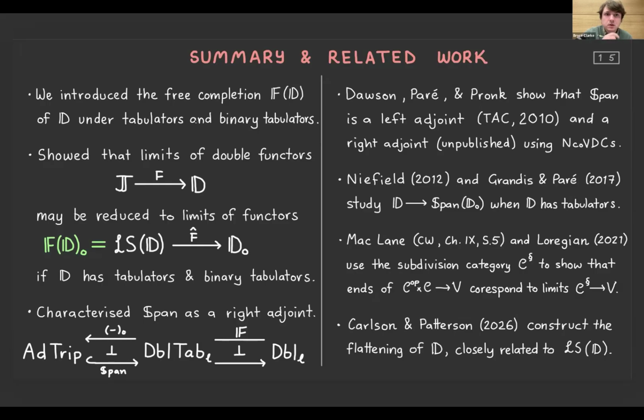Can you do something like that? Of course, you have to oppose everything and do colimits first and then reverse. If you want to complete under, say, cotabulators and binary cotabulators, is this some kind of cutting down of some presheaf stuff?